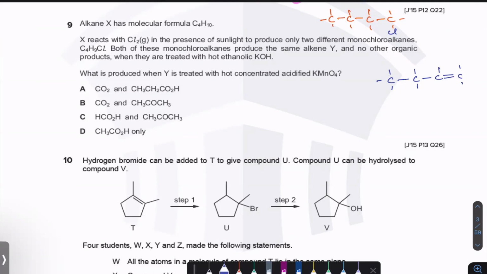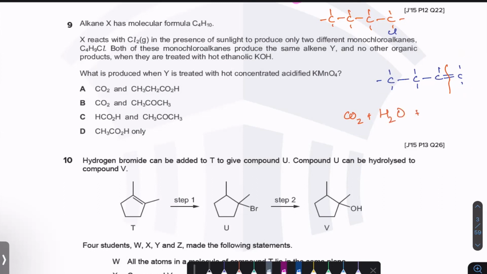What is produced when Y, which is formed here, is reacted with hot concentrated acidified KMnO4? Hot concentrated will break the double bond. This bond will break. This carbon is going to form carbon dioxide. The 2 hydrogens here are going to make water.